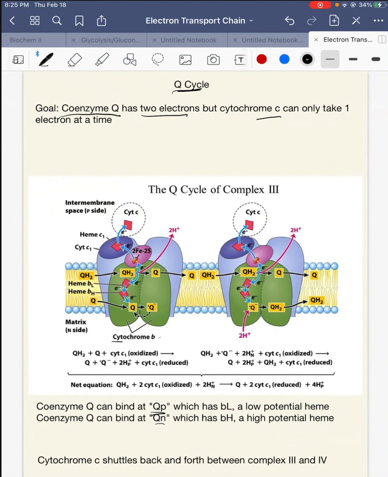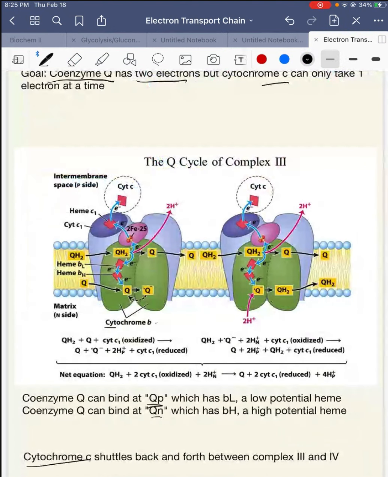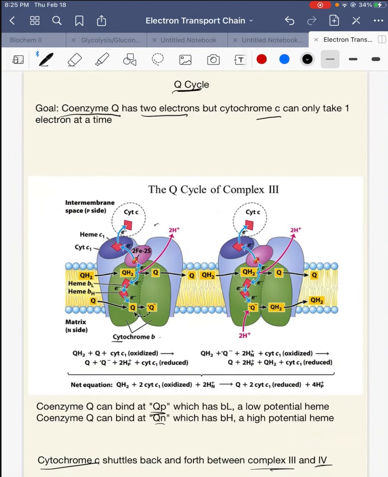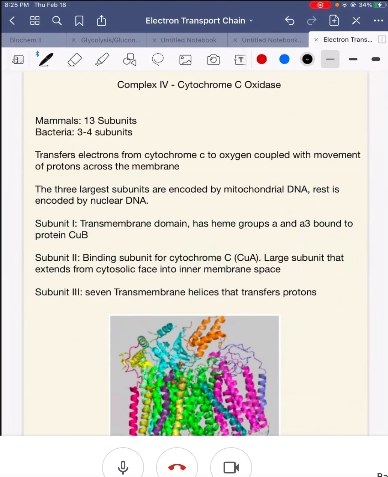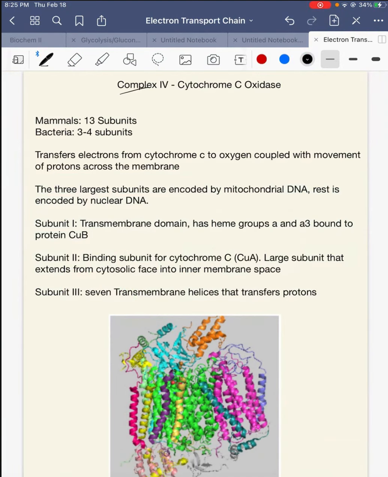Okay, so like I said, cytochrome C shuttles back and forth between complex 3 and complex 4. This is complex 3, and then it travels to complex 4 and gives the electrons to complex 4, which is our last step. Complex 4 is called cytochrome C oxidase. It has 13 subunits in mammals, and in bacteria it has 3 to 4 subunits.